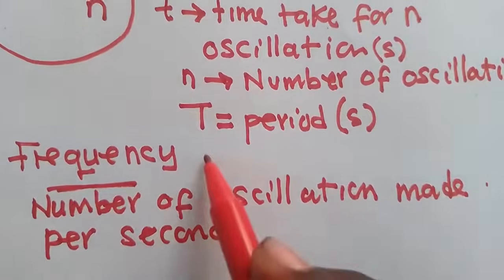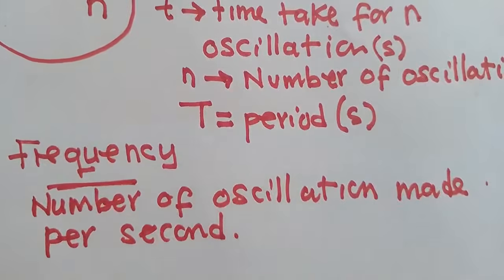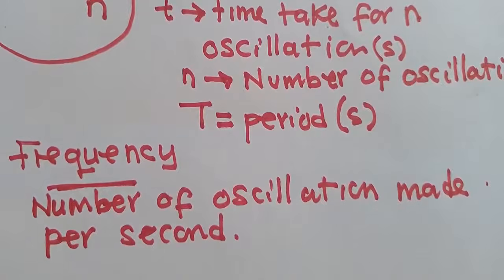So this is the frequency of what? A pendulum. It's not any other frequency. Even when questions come in your exams, they are going to tell you, define frequency of a pendulum, period of a pendulum. So you give a definition according to what you are taught. We've got a lot of frequency. You can define frequency under wave motion, which has its own definition.